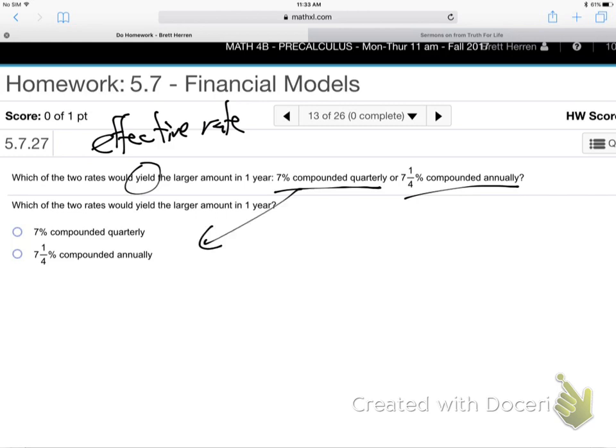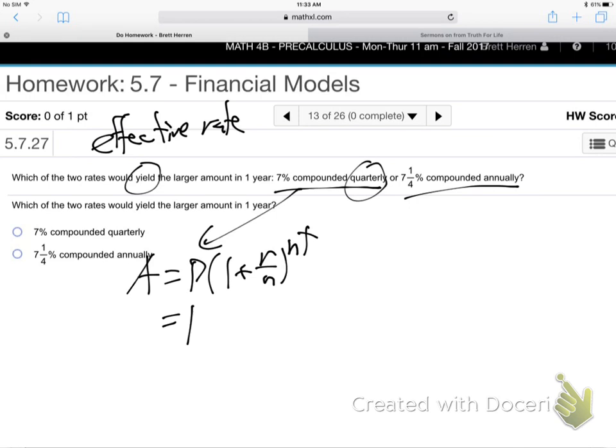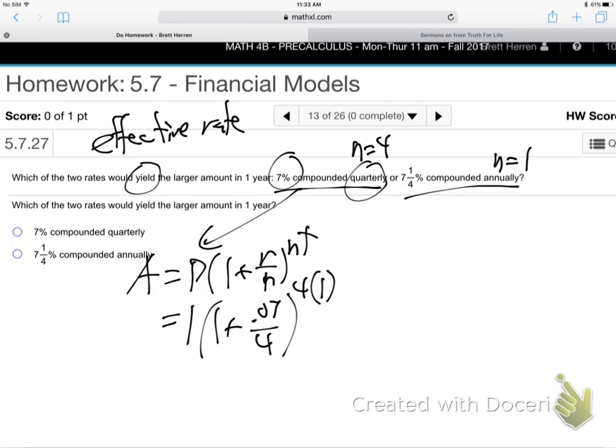Right? So I could just take this first one, quarterly, so that's P times 1 plus r over n to the nt. Put in $1, P is $1. Listed interest rate is 0.07. N, number of compoundings, 4, right, quarterly. This one annually is n equals 1, huh? To the nt is 4. What's the time? 1 year, because we're always doing $1 for 1 year.